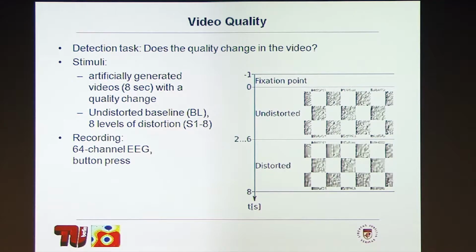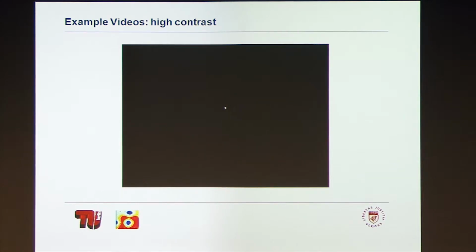And so the way we formulated this was that we played some video that was undistorted or had a certain distortion level, and we changed the distortion level, and we had the people say whether or not they saw something, okay? In some cases, it's very easy. In some cases, it's hard if the distortion level is only a slight difference. And the question is, what does the brain say to that, okay?